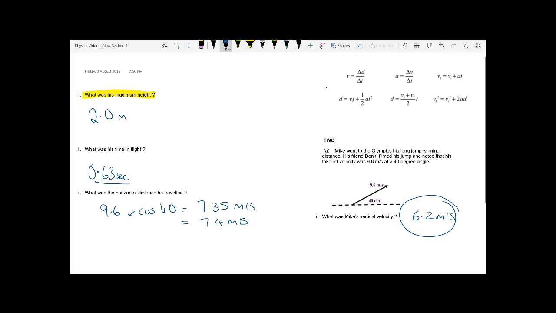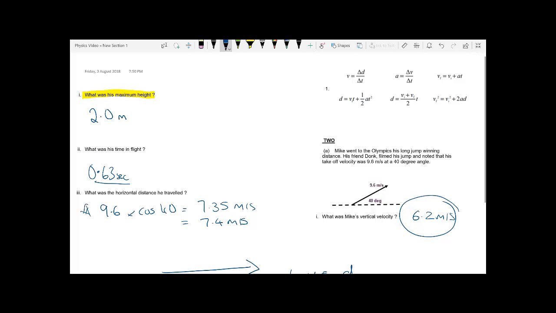Now, the horizontal distance is just going to be whatever speed or velocity he was going over what time. So those two multiply together: velocity times time equals distance. Now, we have a velocity of 7.4 meters per second, which you would have had to calculate.